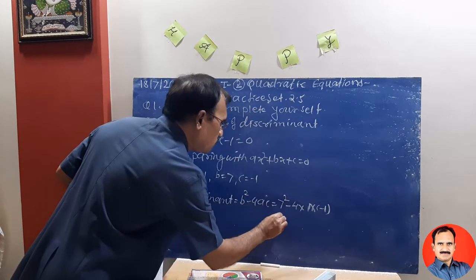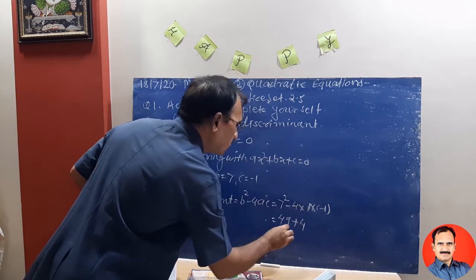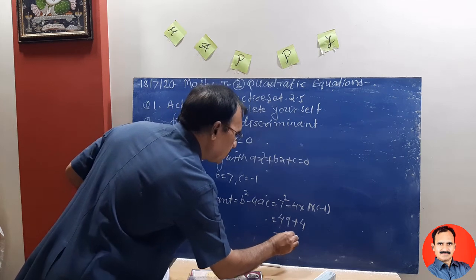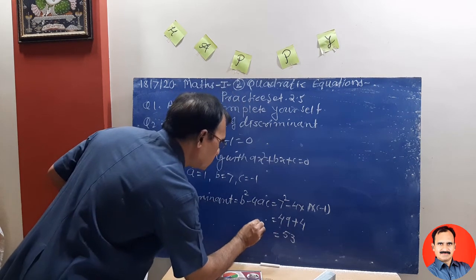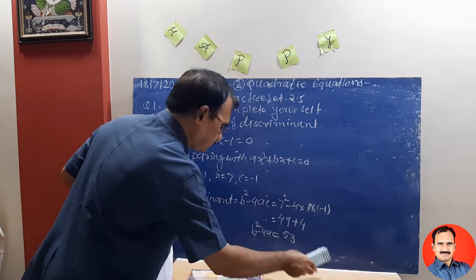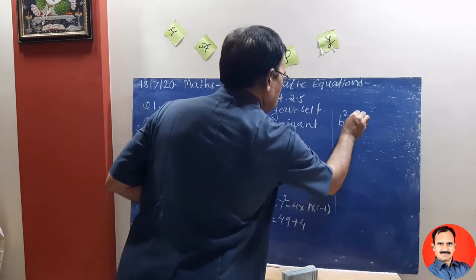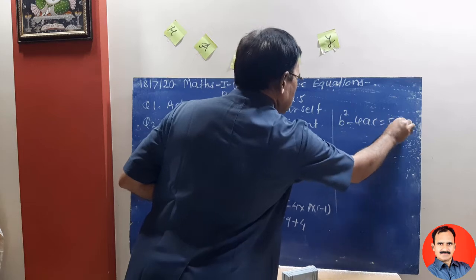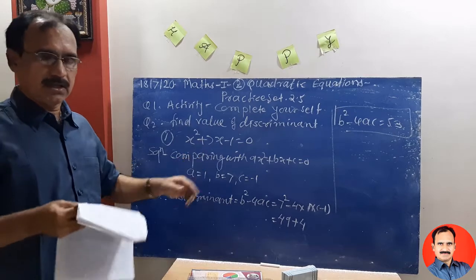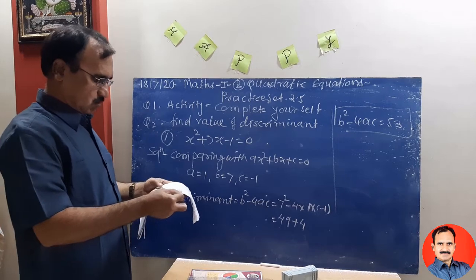Square of 7 is 49, minus minus again plus, 4 ones are 4, and 49 plus 4 is 53. B square minus 4AC is equal to 53, which is the value of the discriminant of the given quadratic equation. Okay. Now one more example.